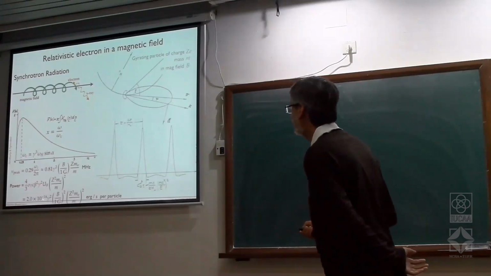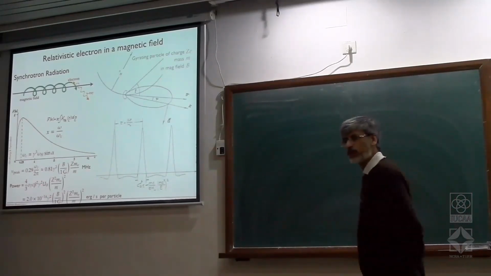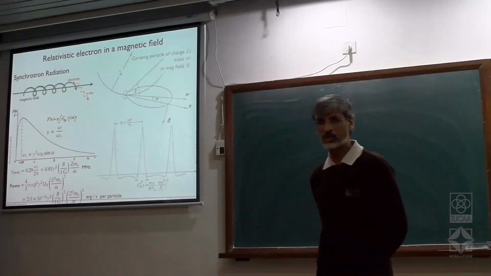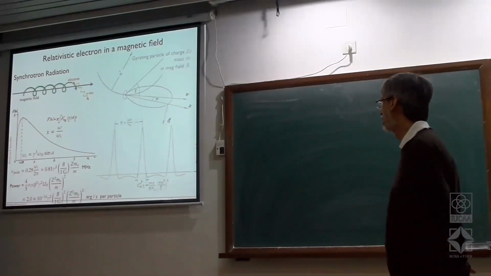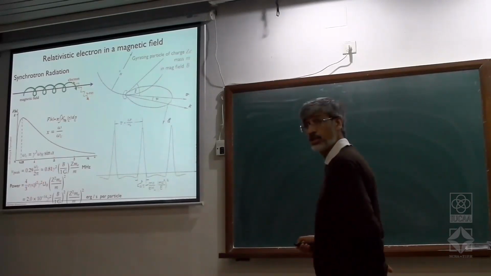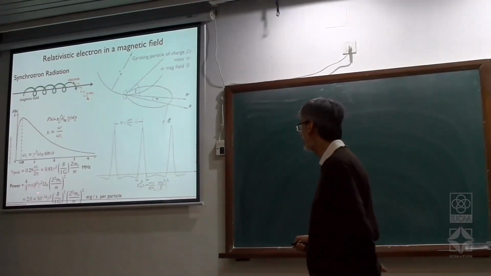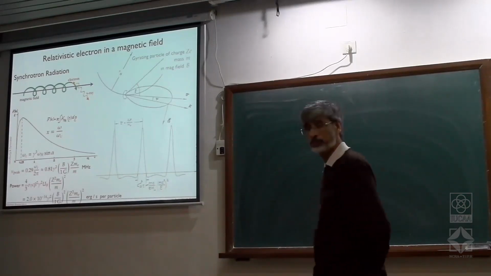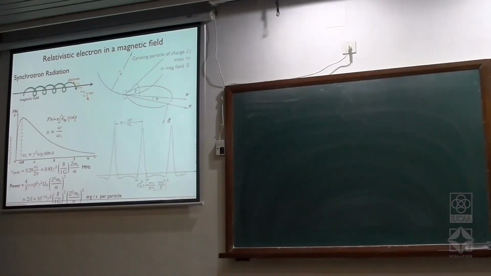Now, what is the power emitted per particle? That is again proportional to the square of the Lorentz factor, proportional to velocity squared, but we know that this is the ultra-relativistic case, so beta squared is roughly 1. So we don't need to worry about that. Thomson cross-section times speed of light, times the energy density in the magnetic field, which is B squared by 8 pi.